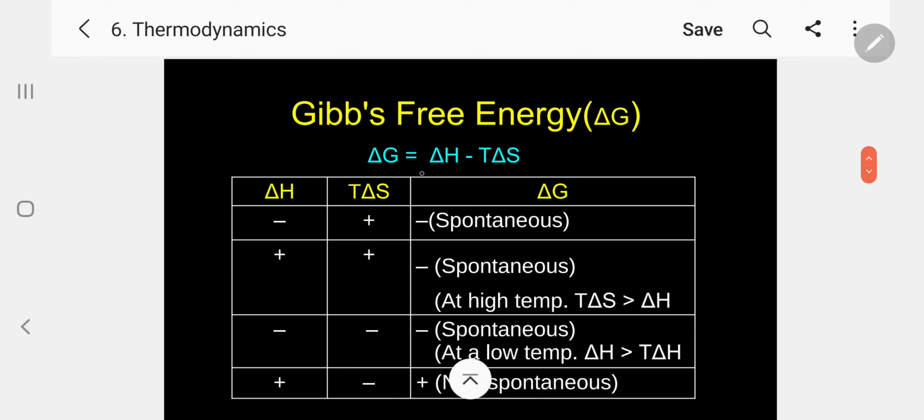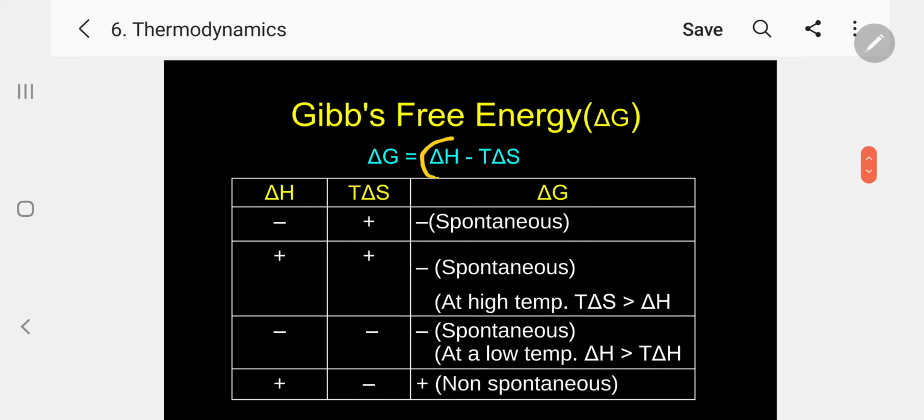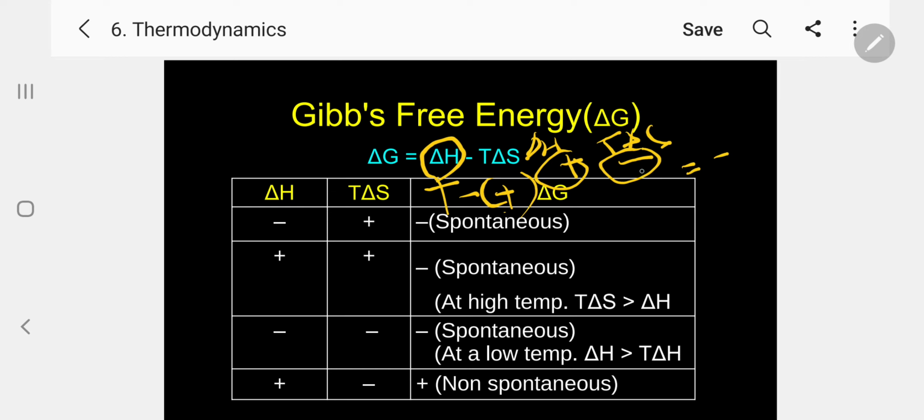If delta H is plus and delta S is also plus, then minus T delta S is minus. So delta H is plus, and T delta S is minus. For the result to be negative, T delta S should be greater than delta H. So here we are saying T delta S greater than delta H.